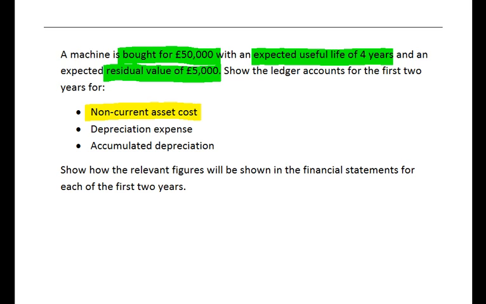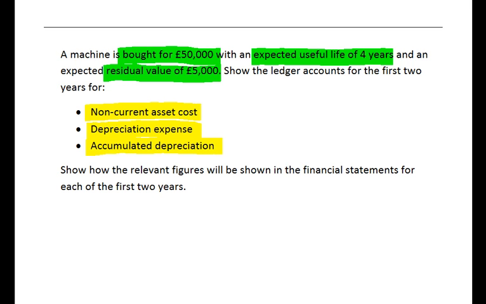So that would be the asset that will ultimately be reflected on the balance sheet. We've got a T account for the depreciation expense, or the depreciation charge. That's going to be the expense that will hit our profit for the period. And an accumulated depreciation T account.